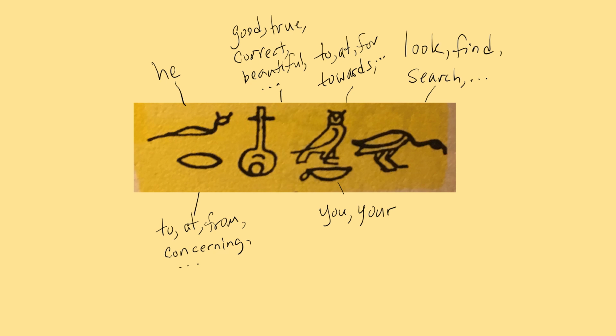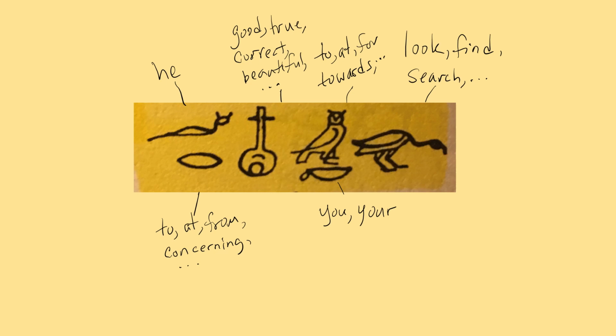Now, translating it is a little more challenging because we see that the ibis bird is translated in English as either look, find, search for, etc. The owl is a preposition: to, at, for, towards. The basket with the handle is translated as you or your. The heart and windpipe is translated as anything good.